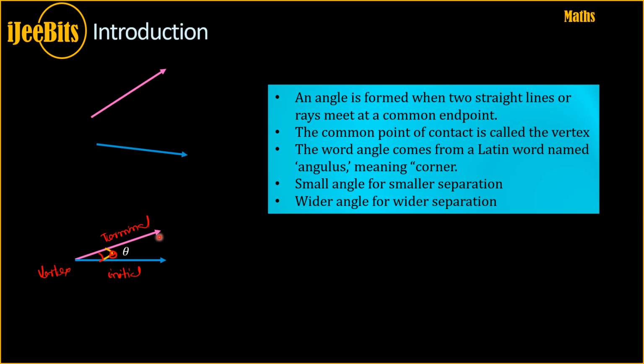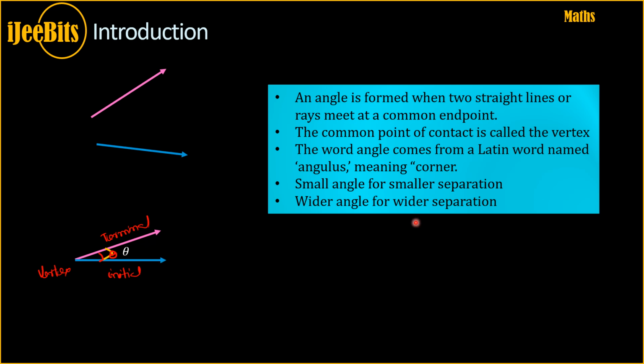These are the two rays meeting at a common endpoint. The common point of contact is called a vertex. The word angle comes from the Latin word angulus. Angulus means corner. So this corner is what we name an angle, theta. A smaller angle for a smaller separation. The separation between these two lines: if it is small, then theta would be small. If it is wider, then theta would be wider.